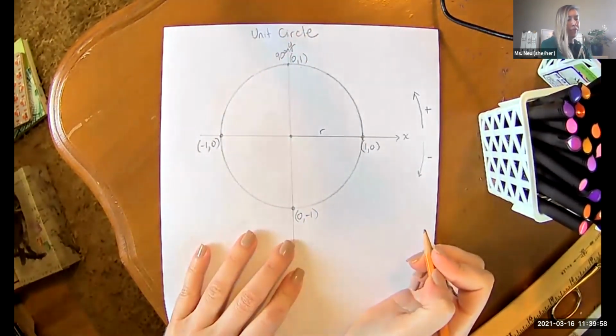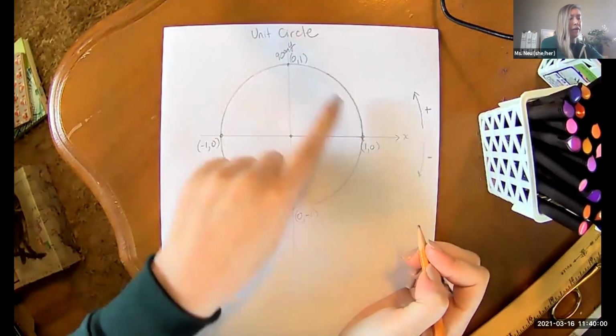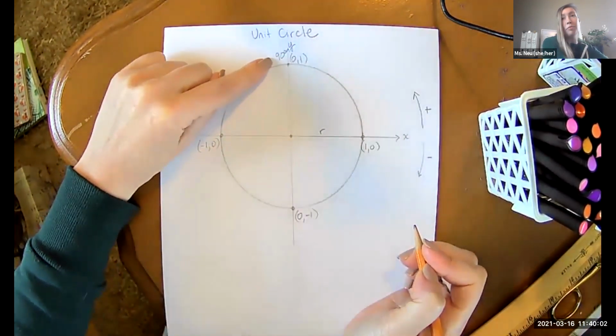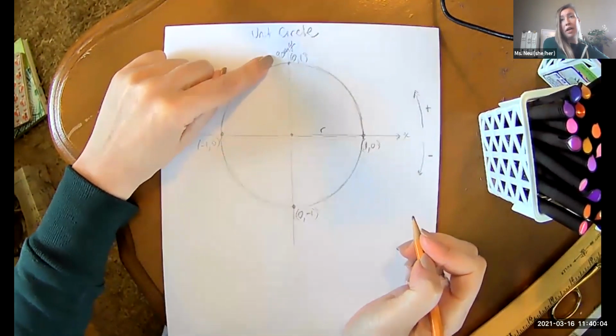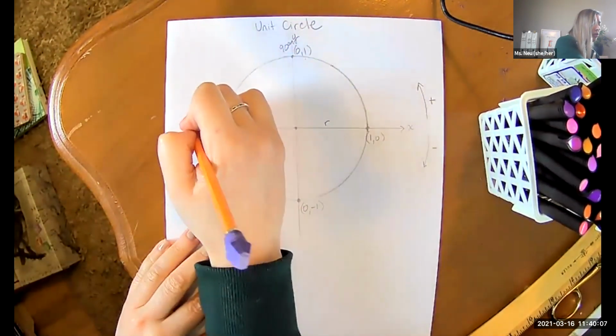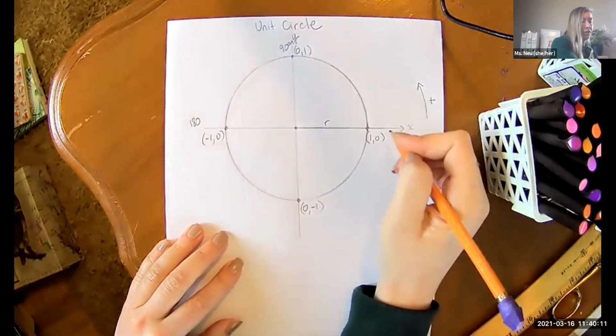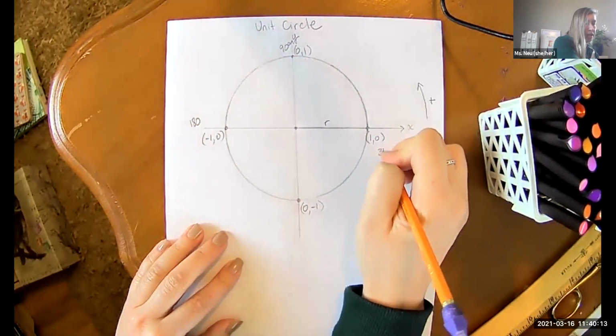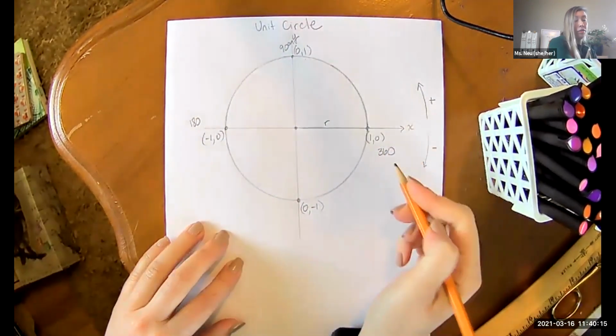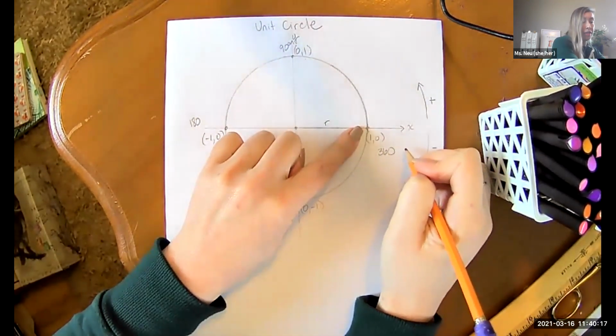Okay. Now you already know how to get around the circle in degrees, and that is what we've been working on thus far. Okay, so you know halfway around the circle, you did a 180. If you go all the way around the circle, you're doing a 360, right? Or you could also call this 0 degrees.